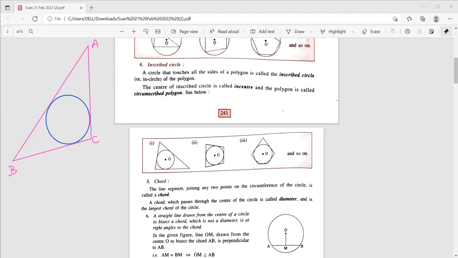And in the case of the circumscribed circle, what you saw was that the circle was passing through all the vertices of the polygon. This is the inscribed circle, and in the earlier case we had the circumscribed circle.